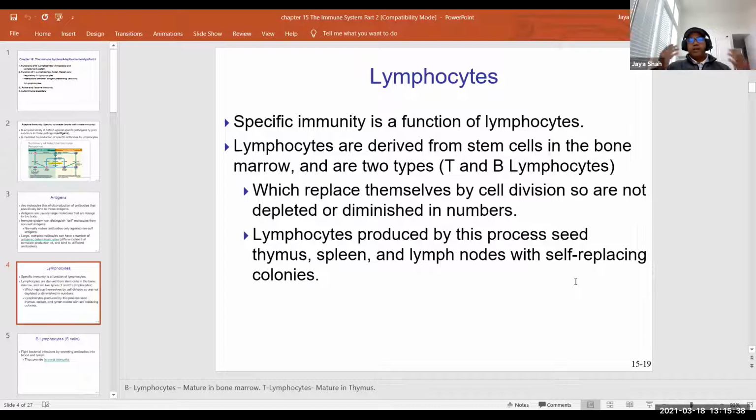They are dividing every day, and we are making new ones. Lymphocytes produced by this process seed the thymus, spleen and lymph nodes with self-replacing colonies. Some of them remain in the thymus, and after adulthood, when the thymus is no longer active, we mature our lymphocytes in lymphoid organs like the spleen and other lymph nodes.